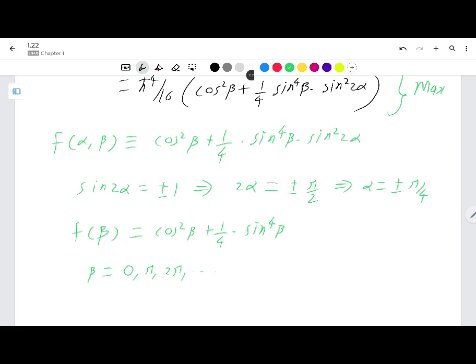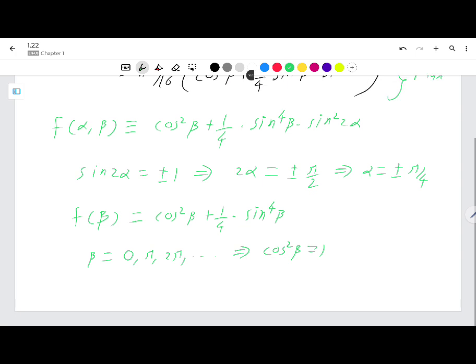So that will give me cos square beta equal to 1, but sin square beta will be 0. So the maximum value of this is 1.